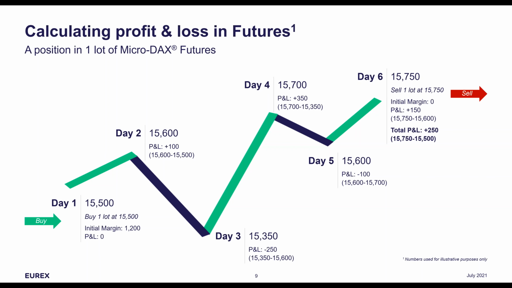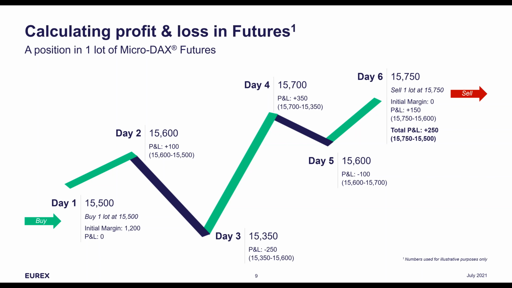Let's say our estimate is going the right way and the market goes up. And on the next day, we have a price level of 15,600. So what is happening with our position? When you go to a broker and you buy the trade, you have the position in your portfolio, your 1 mini micro DAX future long. And what's happening with your cash amount?